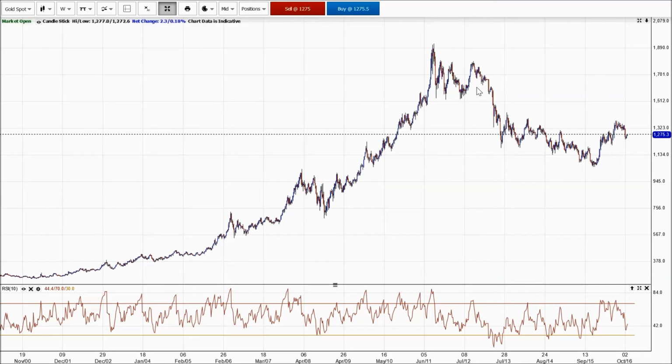It's trading currently at 1275. It has been as low as 1100. It's lost a whole chunk in the last few years.